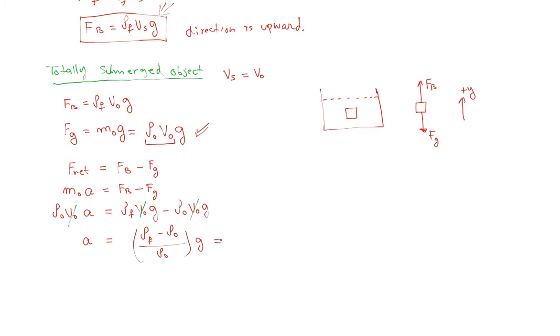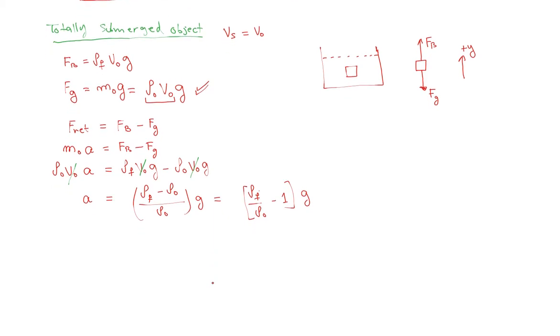Okay, and this can simplify as rho of fluid over rho of object minus 1 times G. So this is a very important equation, that acceleration is the ratio of the two densities, density of the fluid over density of the object, minus 1, times G. So this will give you the acceleration.